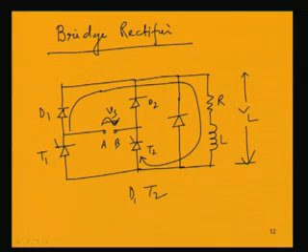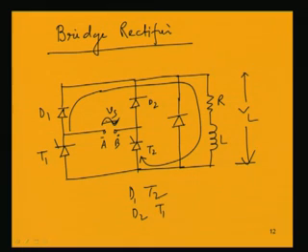So, this pair will conduct, and in the negative half cycle, when this is negative, we are having the diode D2 and T1 conduct.